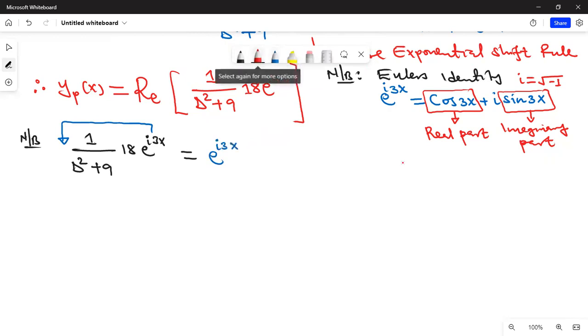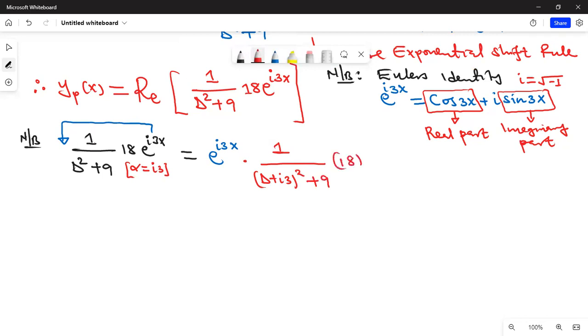When you shift, what is our alpha? The coefficient of x is iota 3, iota times 3. That's our alpha. So replace D by D plus alpha. Where we have D, it will be D plus iota 3, and this is squared. Then I can see plus 9. What we remain with here is 18.